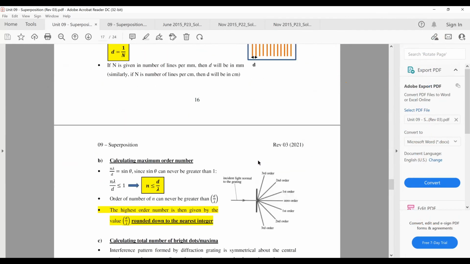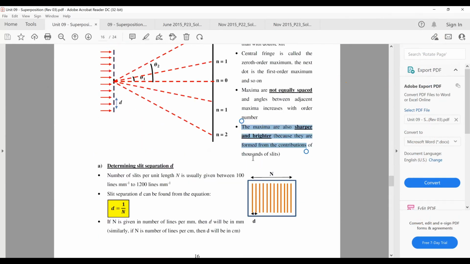Then I go through some little parts here again for you. Just now I mentioned slit separation is represented by the symbol small d. A lot of times when you're doing calculations for diffraction grating, they may not give you the slit separation directly. Instead, they tell you the diffraction grating has a certain number of slits per unit length.